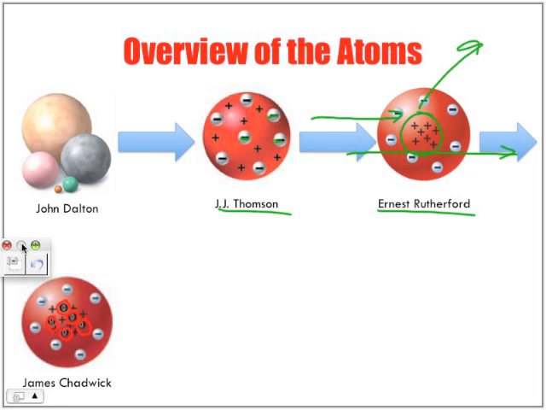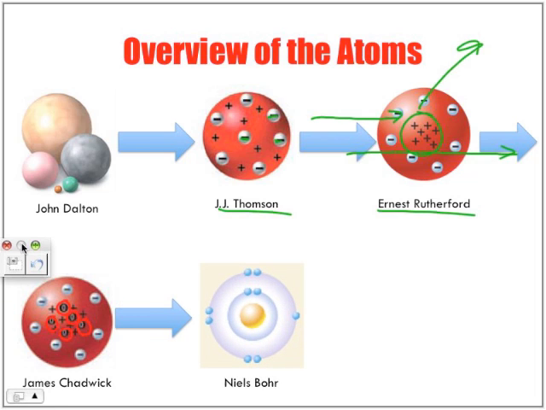Notice here how the atom is evolving. Then Bohr came in and said, you know what? These electrons are not just randomly around the nucleus. They're actually at certain energy levels. That's what Niels Bohr came up with.